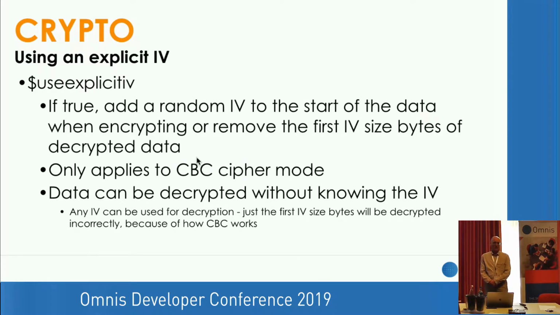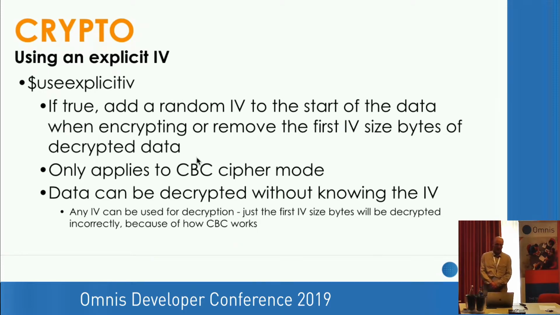Now, if you're using cipher block chaining mode, you can use what's called an explicit IV. And what this allows you to do is encrypt and decrypt data without actually having to specify an IV, or in the case of decrypting it, without actually having to know the IV. And this is just a feature of the way CBC works.